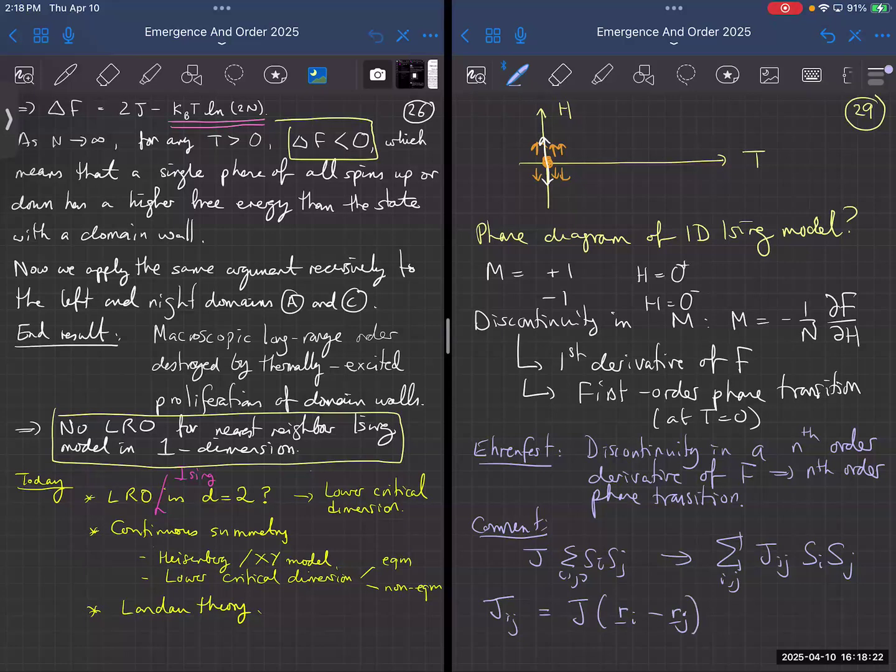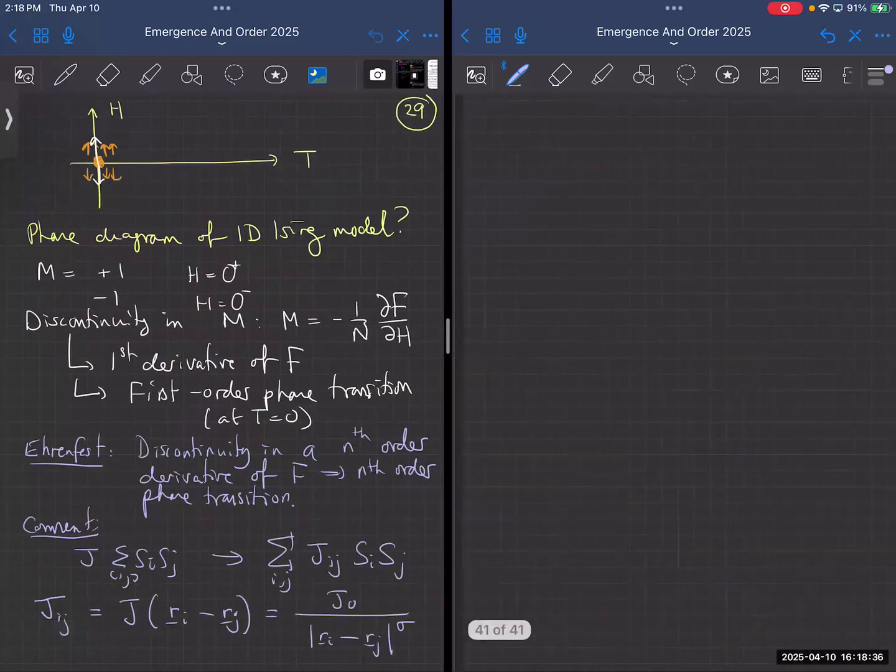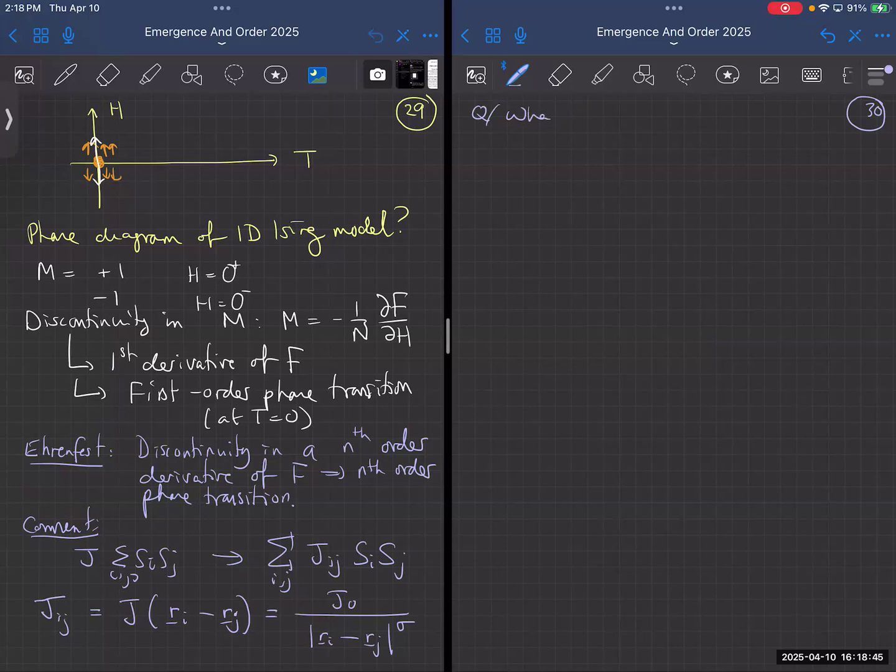So it depends on the distance between them. And that could be something like a J_0 divided by |R_i minus R_j| to the power sigma. So that would be an interaction that you can imagine. And in fact, there's situations where that is appropriate.